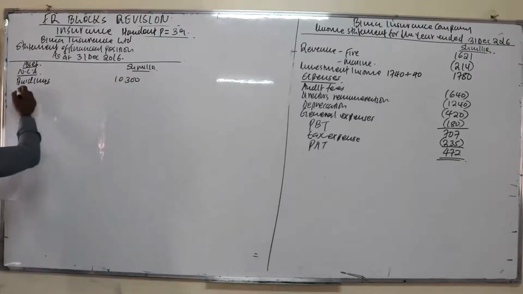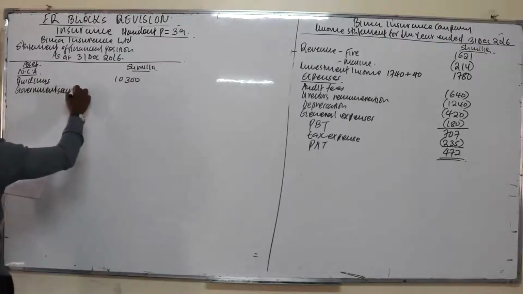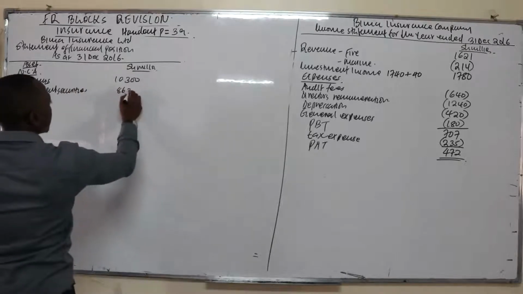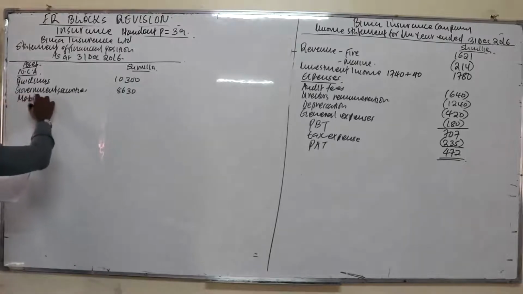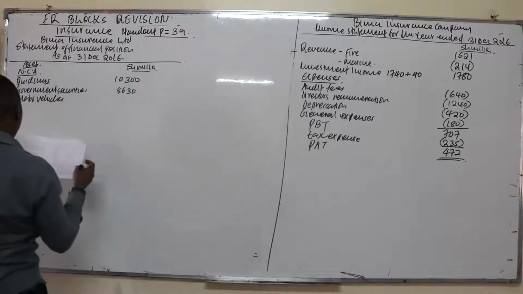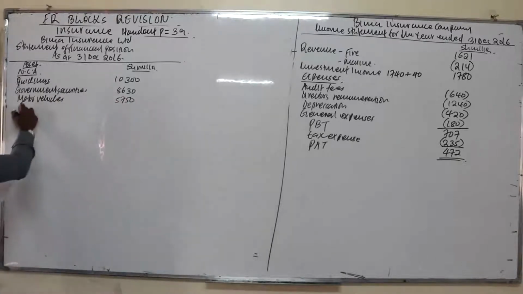Then above it, we have government security. Yeah, those are the bonds. It's non-current assets, 8630. Then we have motor vehicles. For motor vehicles, it's 5750. Then we have furniture.